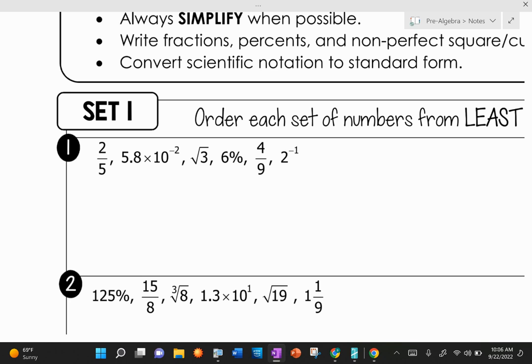So what is 2/5? Put that number in a standard form number, so not a fraction. 0.4. Okay, 0.4. What is 5.8 times 10 to the negative second power? 0.058. What is the square root of 3? 1.73.